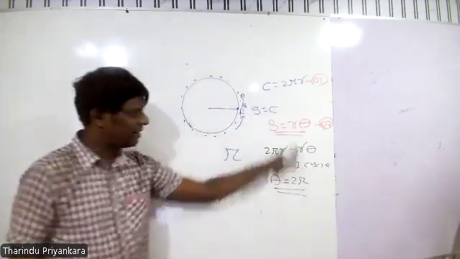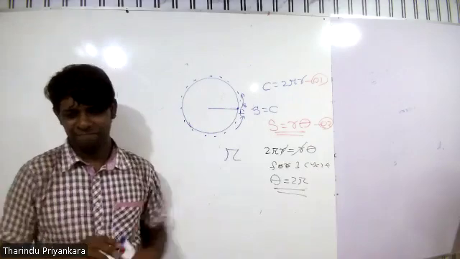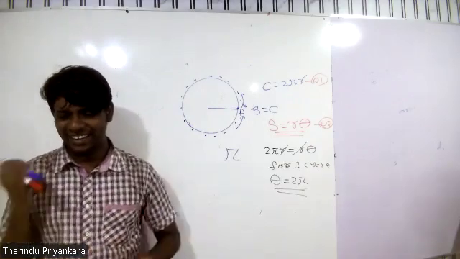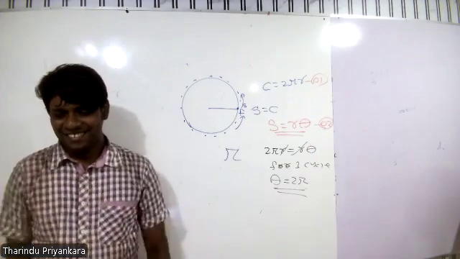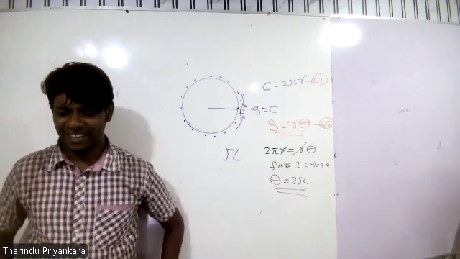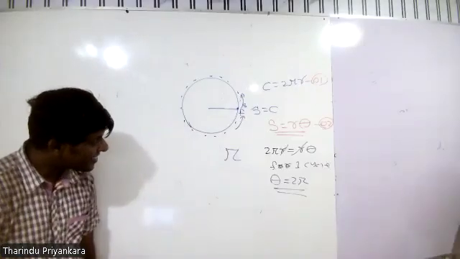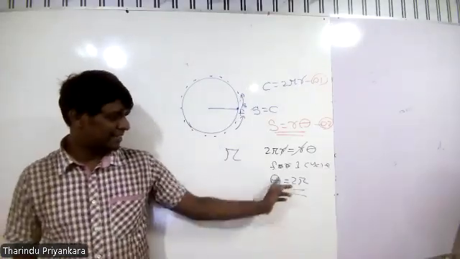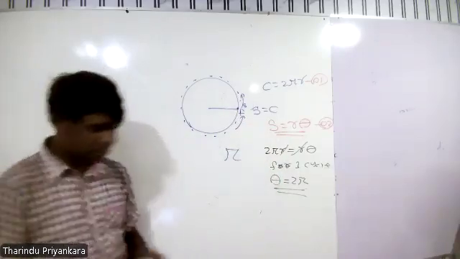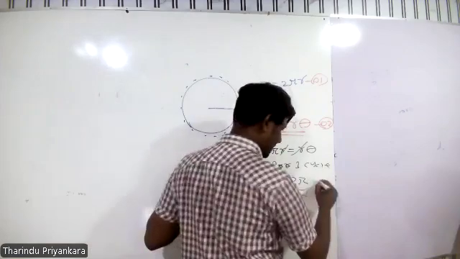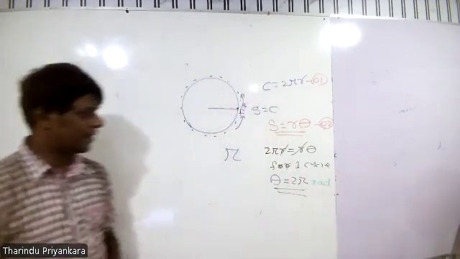Copy this. For one cycle, theta equals 2 pi radian.